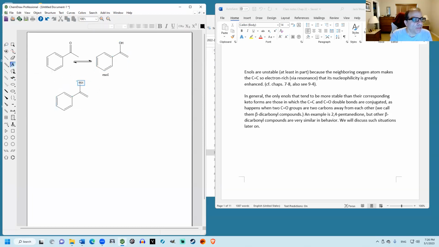And then we also learned about the enolate. The enolate ion being a resonance stabilized species.